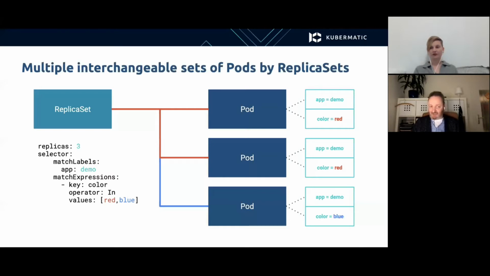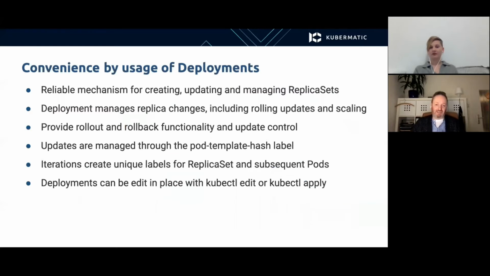But you can also imagine if you do it by hand, it's not very simple. So that's also why there are better types in Kubernetes. One of them is the deployment, and the deployment is a reliable mechanism for this whole typical work of creating, updating, and managing of replica sets.